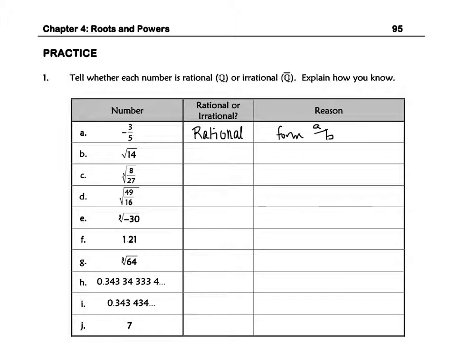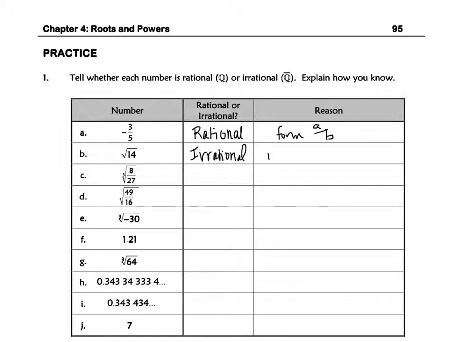And root 14, if you think about that, the root of 14 is not a nice number. So its decimal, if you looked at it on a calculator, would be non-repeating, non-terminating. It uses up every space on the calculator, and you can assume for the most part that any radical that doesn't work out nice will be irrational. So that would be irrational.